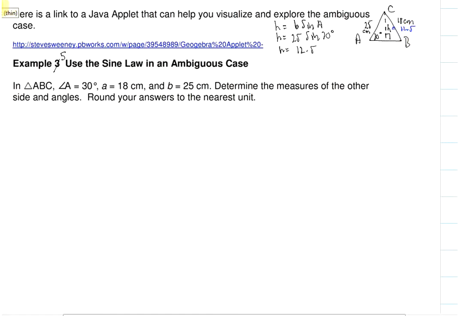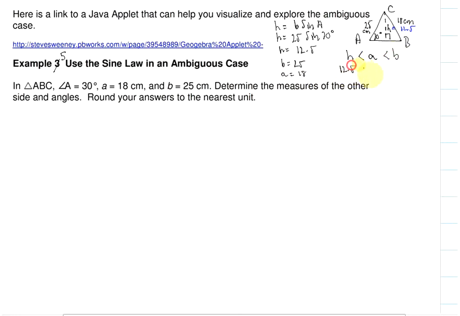Okay, so we want to make a comparison between h and A and B. So h is 12.5, B is 25, and A is 18. So you can see from the values that we have here that h is less than A, which is less than B, right?